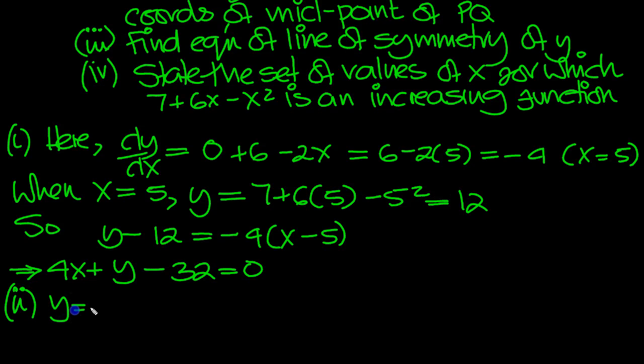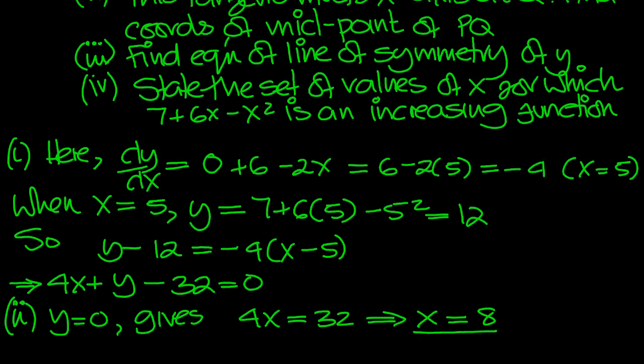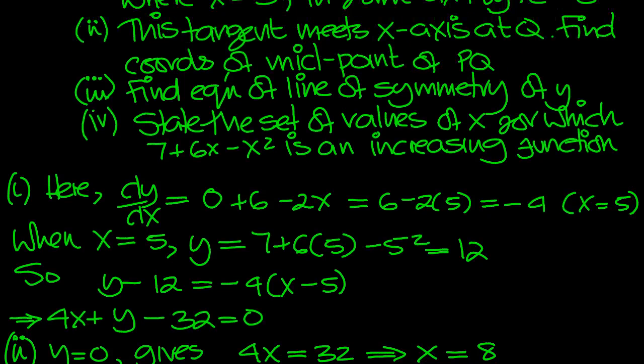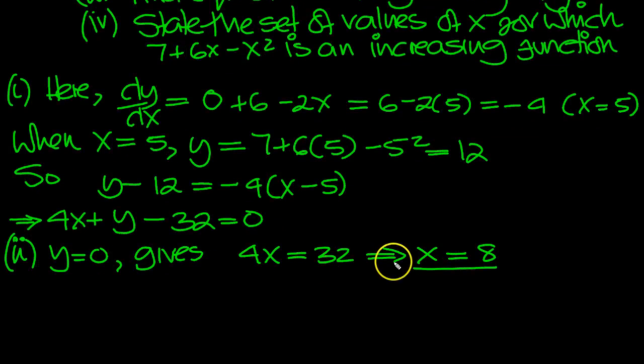So y equals 0 gives, so 4x, that will be 0, 4x, move the 32 over, and it equals 32, doesn't it? So x is equal to 32 over 4, move the 4 from time to divide, 32 over 4 is 8, so that's the x coordinate of Q. So y equals 0, x equals 8 is the coordinates at Q.